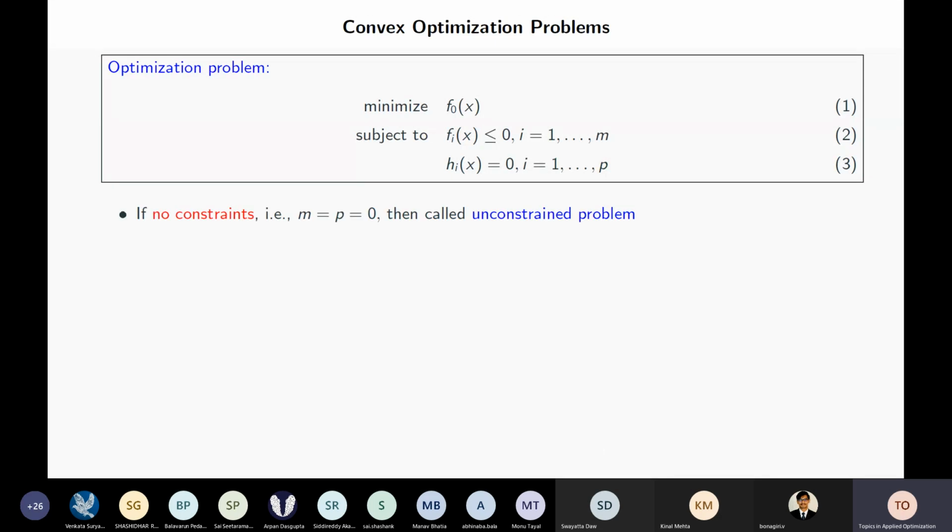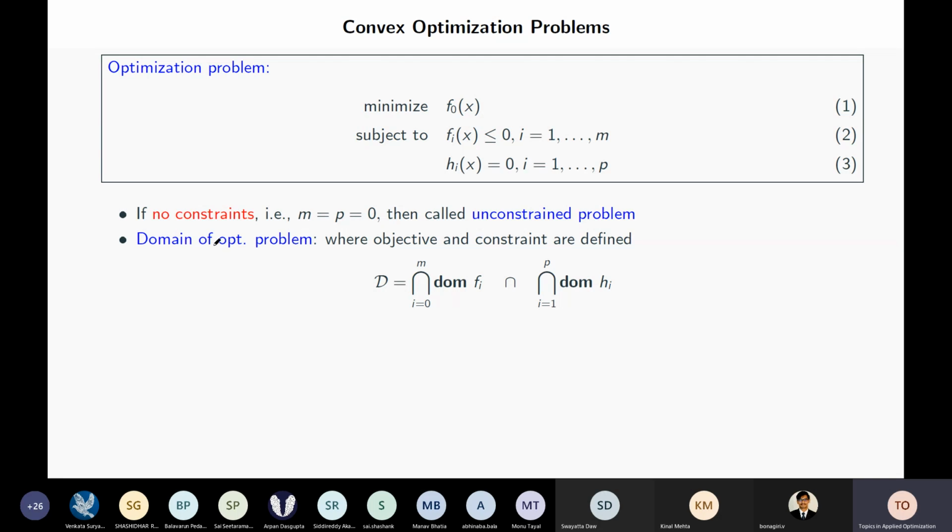Now let us see if there are no constraints. In other words, m is 0 and p is 0. This means there are no constraints at all: no equality constraint, no inequality constraint. Then we call that an unconstrained problem.